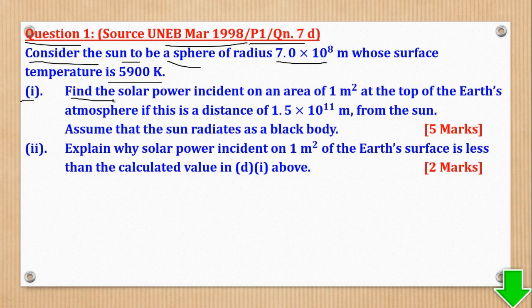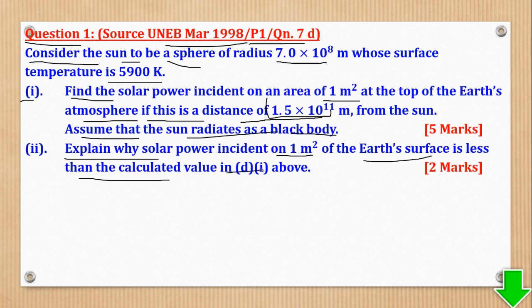Roman 1, find the solar power incident on an area of 1 meter squared at the top of the Earth's atmosphere if this is a distance of 1.5 exponent 11 meters from the sun. So this is now the distance between the sun and the planet. Assume that the sun radiates as a black body. Then Roman 2, explain why solar power incident on 1 meter squared of the Earth's surface is less than that calculated in D Roman 1.